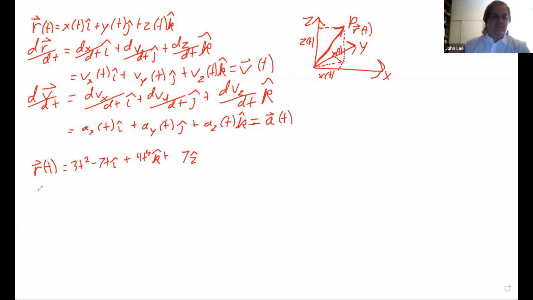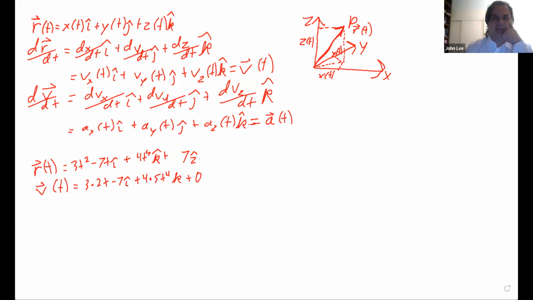then the velocity vector v of t would be the derivative of everything in front of the i, in the i direction. So 3 times 2t minus 7 i plus 4 times 5t to the fourth k. Oh, I made a boo-boo.